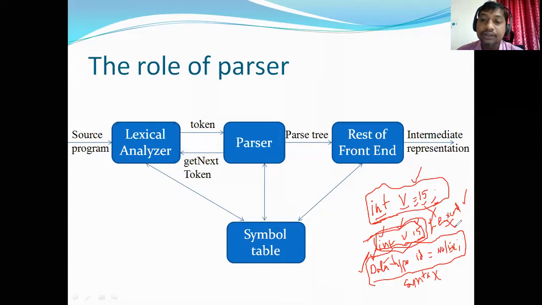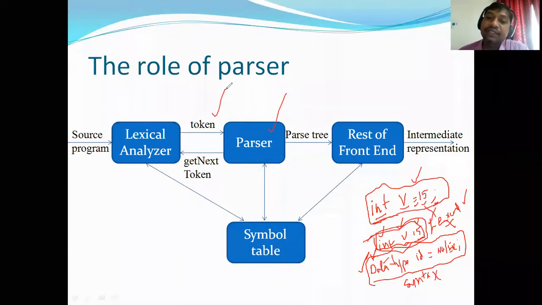So that is where the parser comes into the picture. The parser will get the tokens from the lexical analyzer and try to identify the structure of the program. Whenever it validates the structure, it will say it is syntactically okay. Then those tokens will be converted into a form called a parse tree and given as input to the next phase of the compiler design process, that is the semantic analyzer.